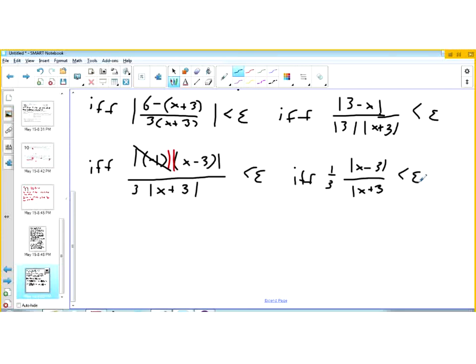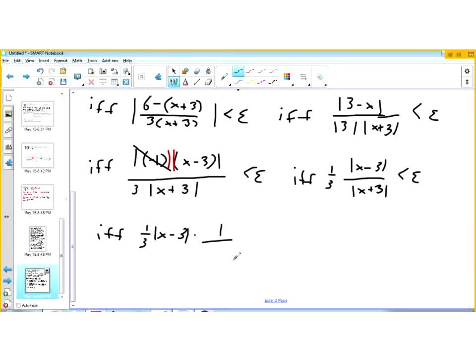Kind of tricky, isn't it? So if and only if the absolute value... we have this result.